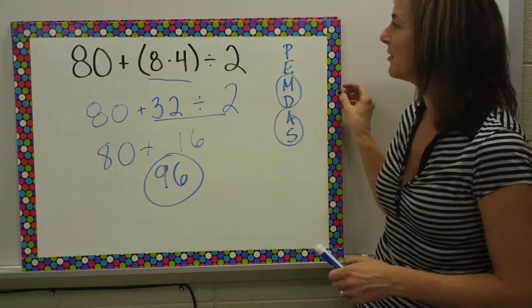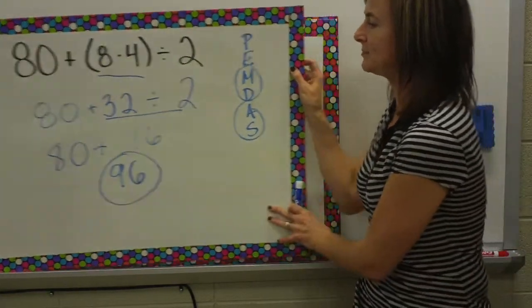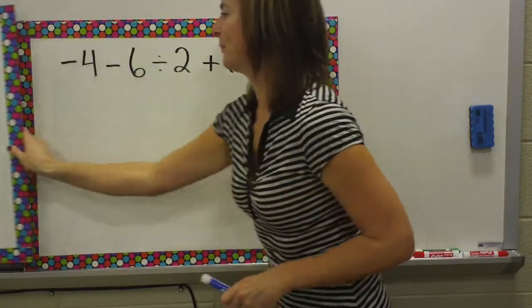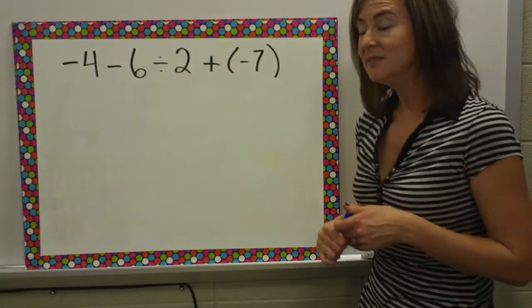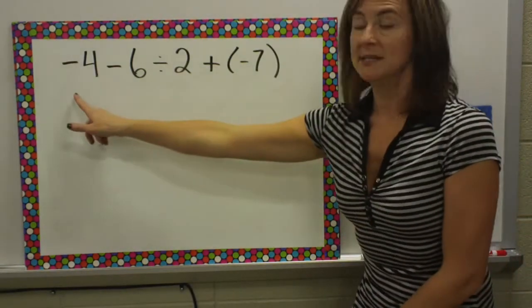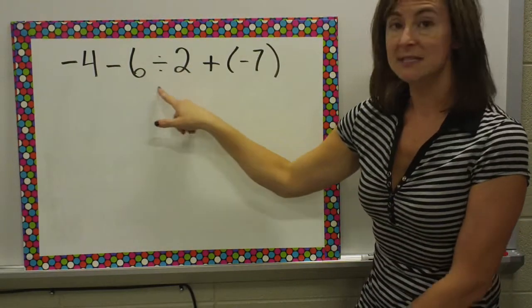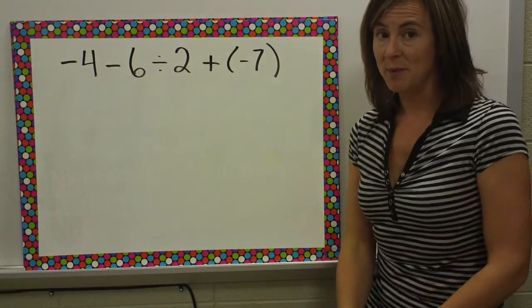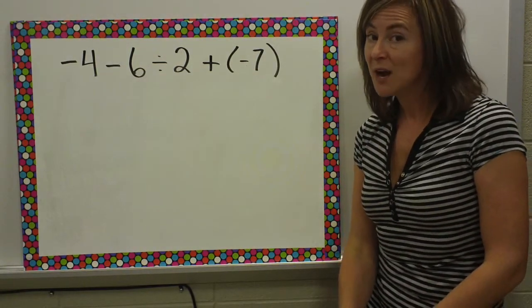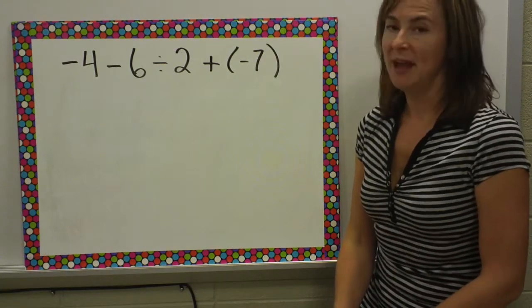Let's take a look at another example. In this problem, I have both positive and negative integers. It reads negative 4 minus 6 divided by 2 plus a negative 7. Step 1, remember, was rewrite any subtraction to add the opposite.